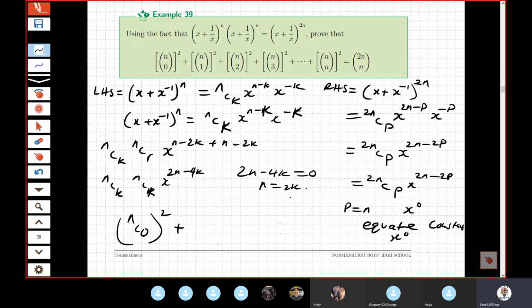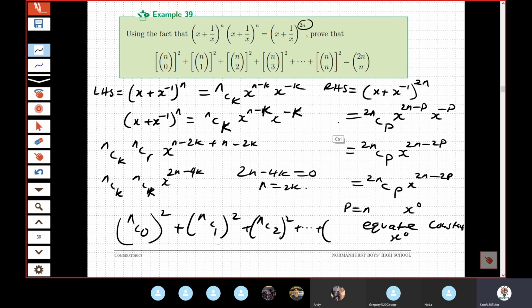So therefore, no matter what k is, when k is 0, when it's 1, n must be equal to 2. When it's 2, yes, okay. It's fine. n choose 1 squared plus n choose 2 squared plus ... plus the last one when k is n, which means n becomes 2n, which is the 2n that we have.